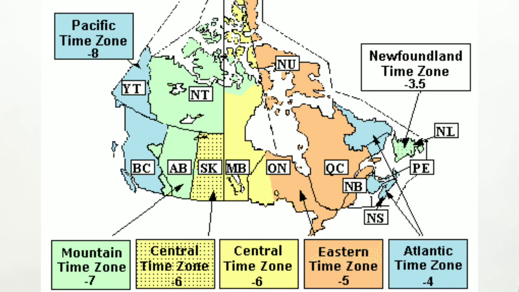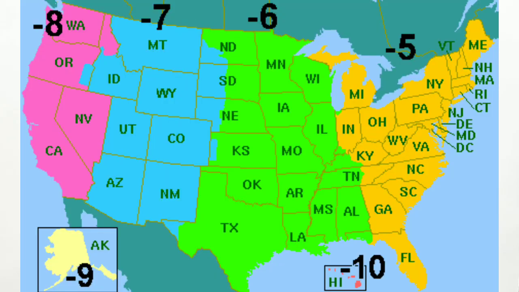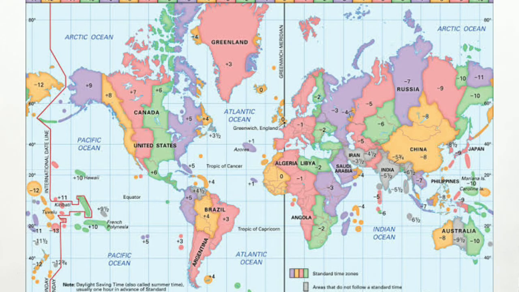But still, the bigger countries like Russia, Canada and USA, as they have many meridians or longitudes passing through them, have more than one standard meridian for their country. So as there are many meridians passing through these countries, they have adopted more than one time zone.